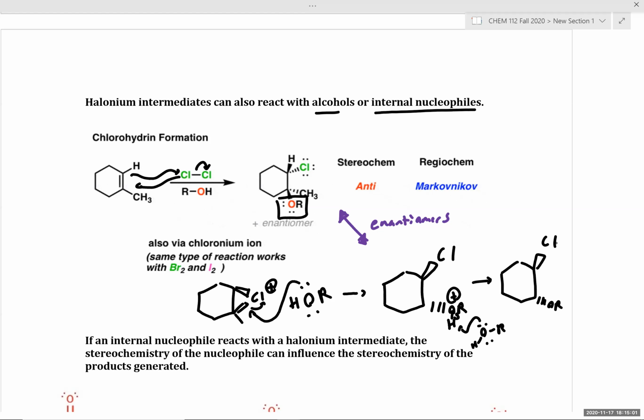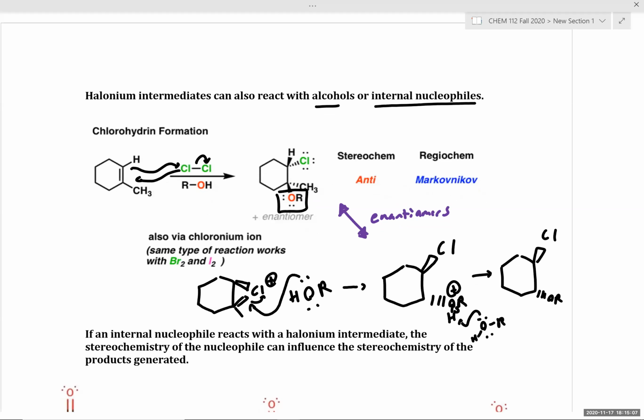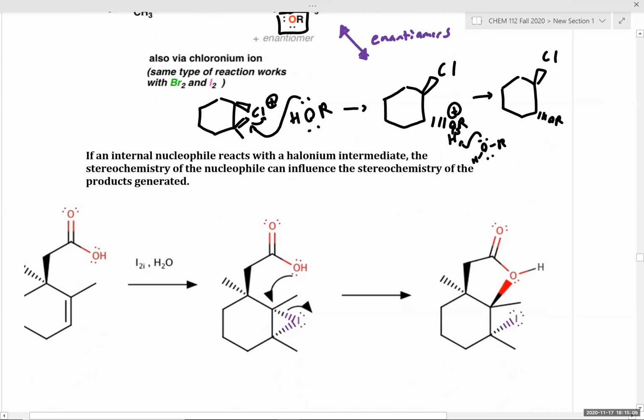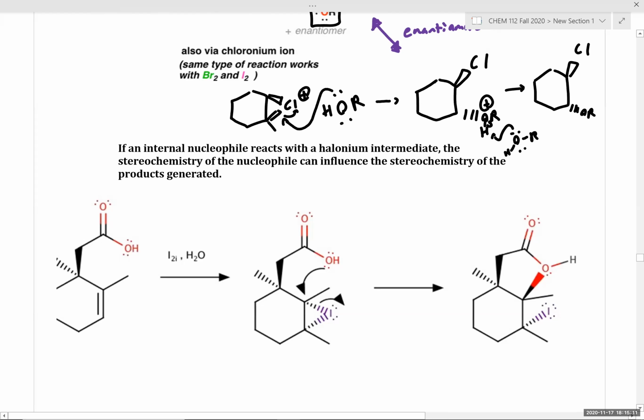Any questions on this so far? Okay, so let's talk a little bit about something that's pretty interesting. So remember how I said that you typically get a mixture of enantiomers? That is true in most cases. However, if you have stereochemical bias as part of your starting molecule, you can observe stereospecificity.